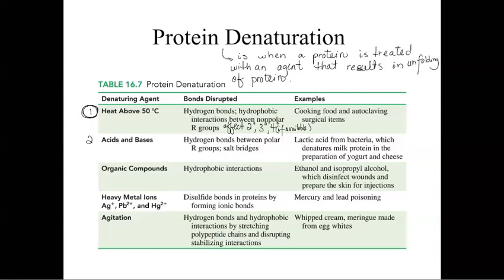Another denaturing agent that can affect the structure of a protein is going to be the use of acids and bases. Acids and bases affect hydrogen bonds between polar R groups and also salt bridges. So that means that they affect the tertiary structure of a protein. Now, where do we see this in action?